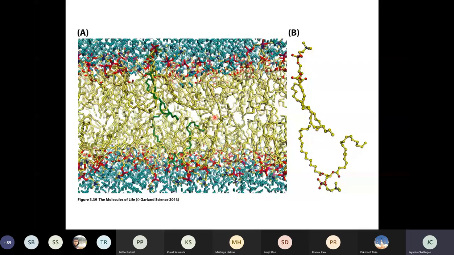For example, you have to desolvate the phosphate groups to have them inside, and that desolvation energy is enormously high. So now you can envision why the architecture itself prevents the passage of molecules which are pretty polar.